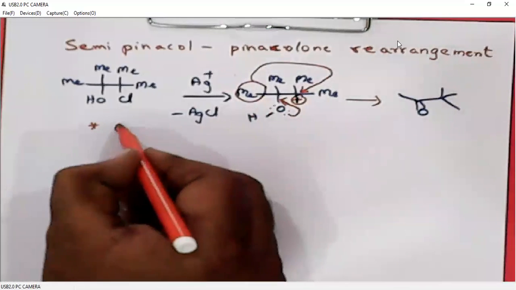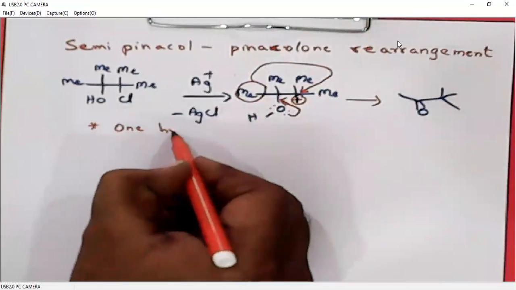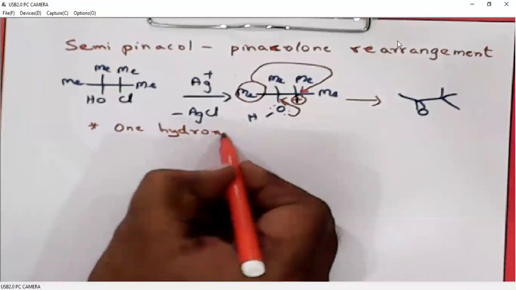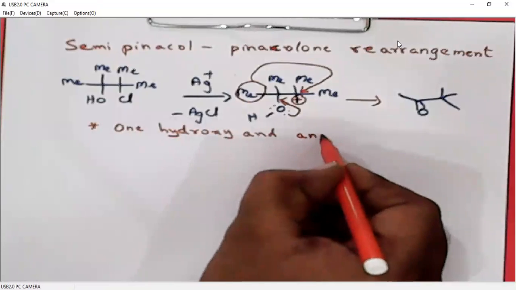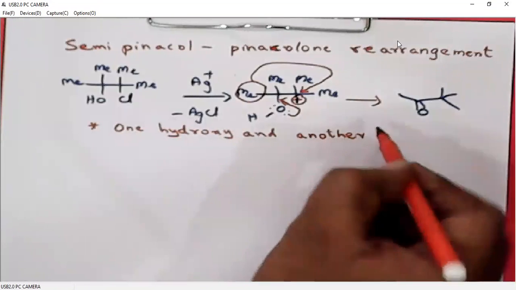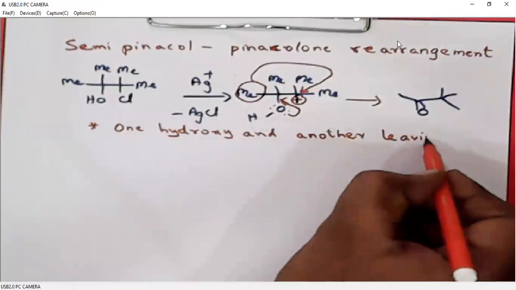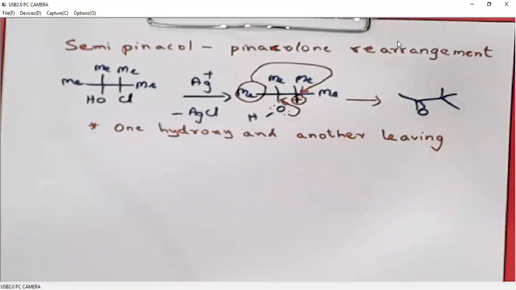The only difference is here we have one hydroxy and another leaving group. In pinacol-pinacolone rearrangement, we must learn the selectivities, that means which hydroxy will be protonated and which will migrate.